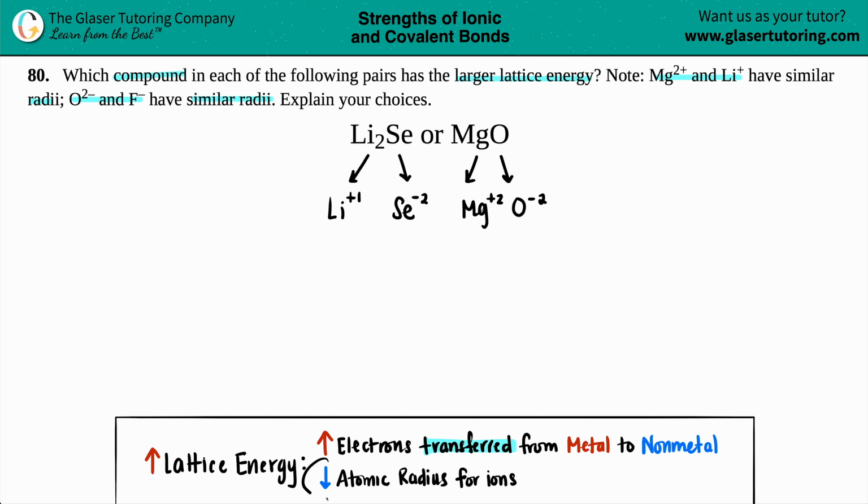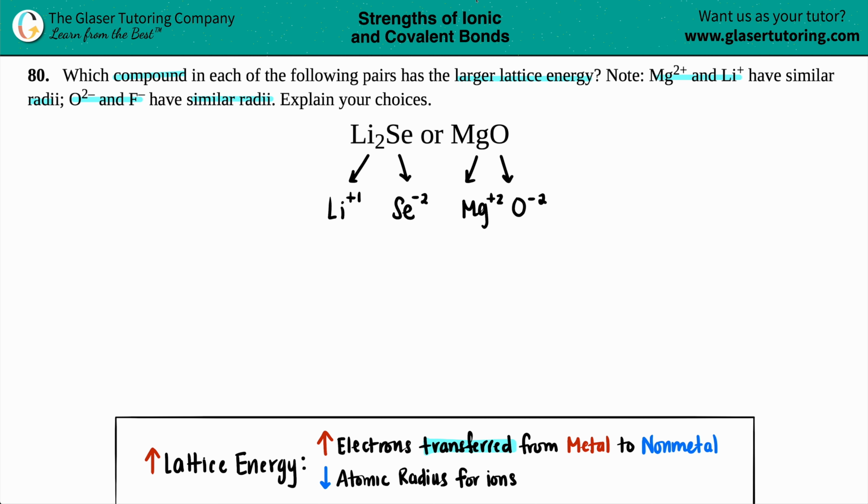The smaller the atomic radius of your atoms or your ions will increase your lattice energy, because the smaller you are, the closer you're going to be. And if you're closer, you've got a strong attraction, and that's going to take a lot more energy to break up the bond. Now they did say here that magnesium 2+ and lithium 1+ have similar radii.